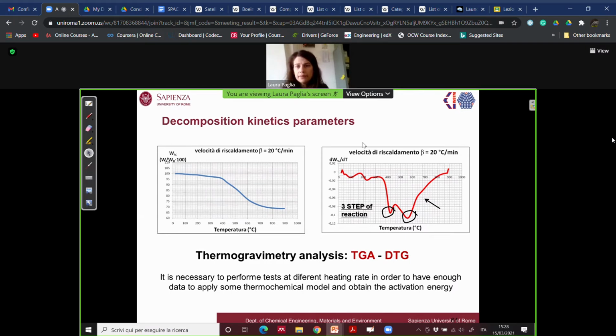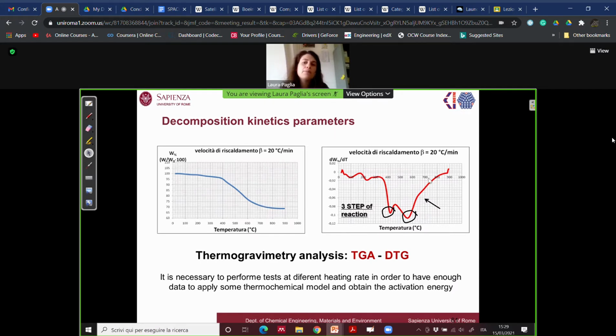Here you can observe a DTG curve, the derivative thermogravimetric curve. This is the derivative of the first one. This curve is very important because it lets us understand better what happened. In the first curve we can observe only the variation of weight, but here we have different peaks.